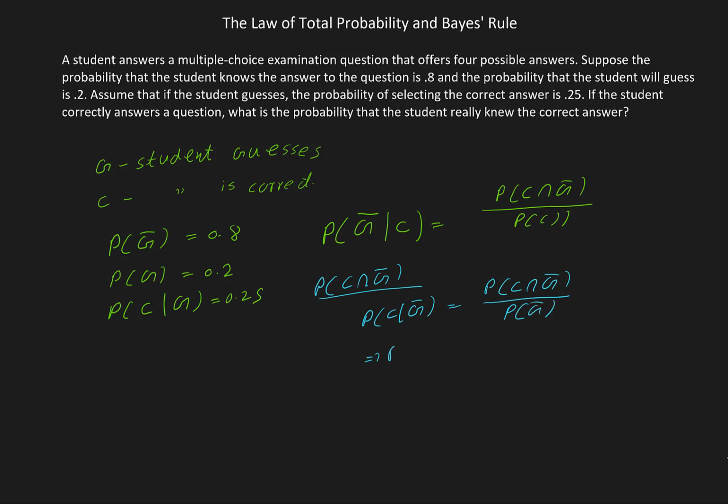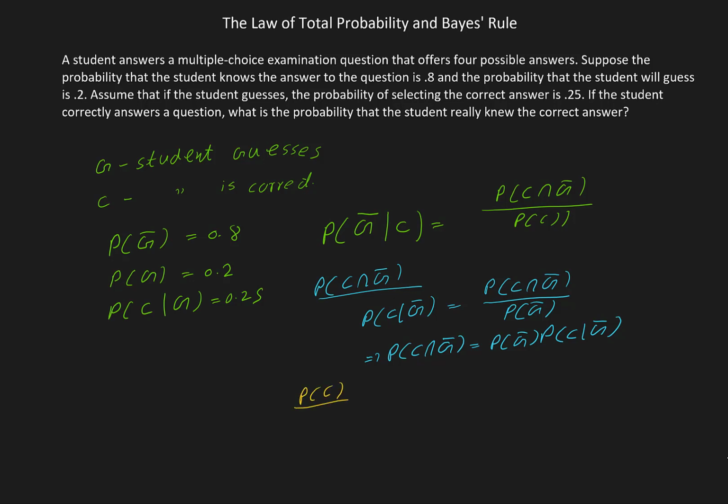From this, the probability of C and G complement equals the probability of G complement times the probability of C given G complement. Okay, understand this one.